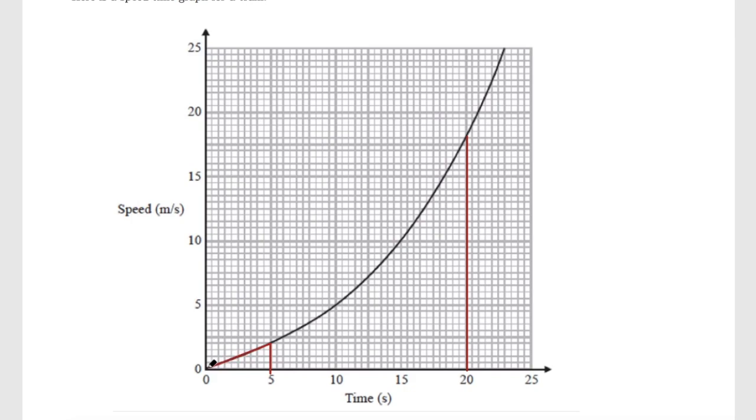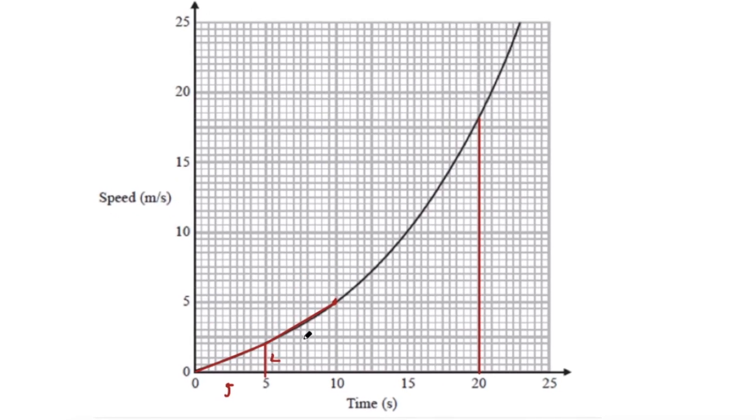So let's take the area of this first part. That'll be a triangle with a base of 5 and a height of 2. So each 2 squares is worth 1 here. So to find the area of that triangle, I can just use the area of a triangle formula, and that will give me the area there. And then for this second part, up to 10 seconds, I'll actually end up with a trapezium.